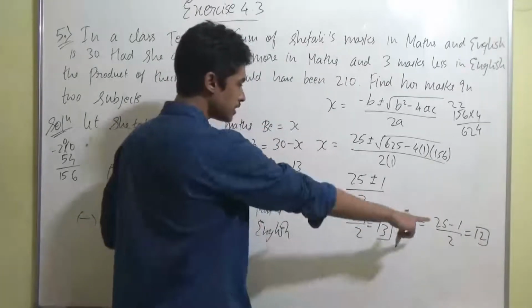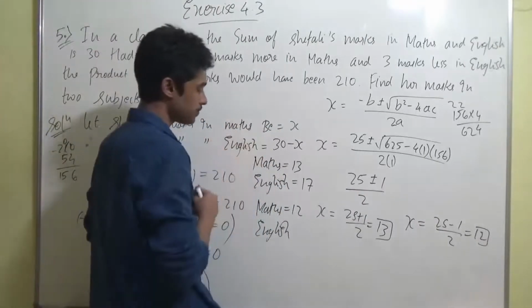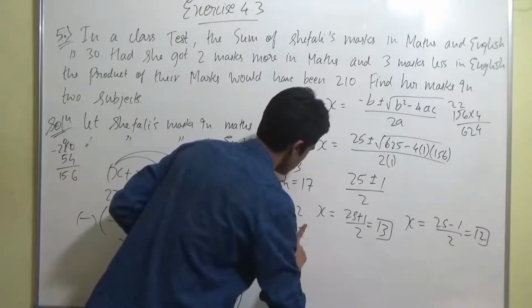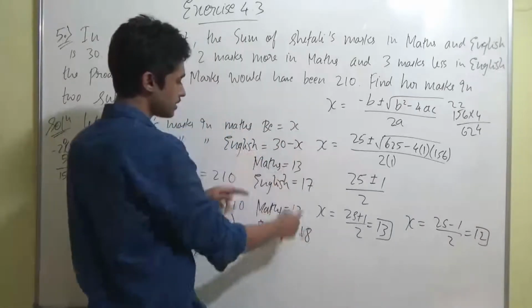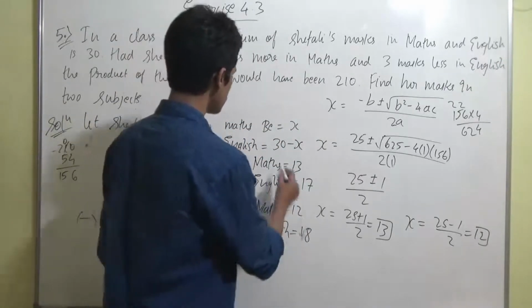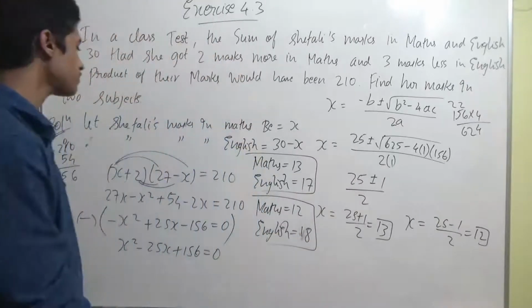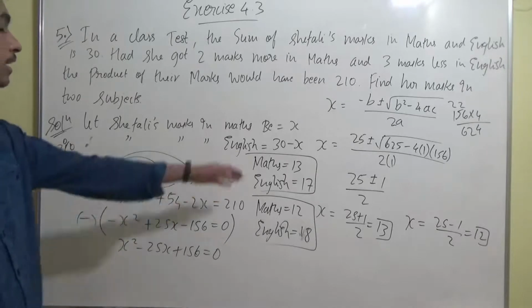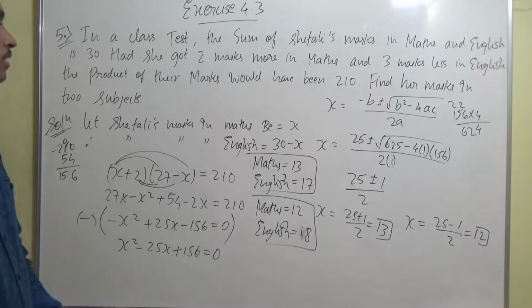If you consider her maths marks as 12, because x we considered as maths marks, then English will become equal to 18, because the sum is 30. It is 30 minus x that gives you marks of English. So these are two cases possible. Find her marks in two subjects. It can either be 13 and 17 or 12 and 18.